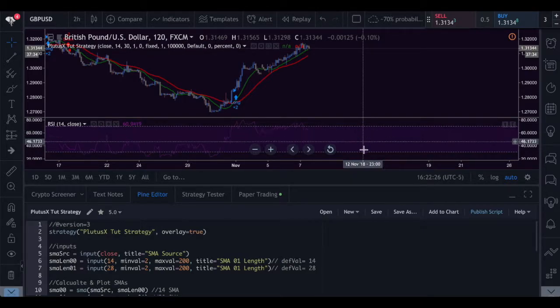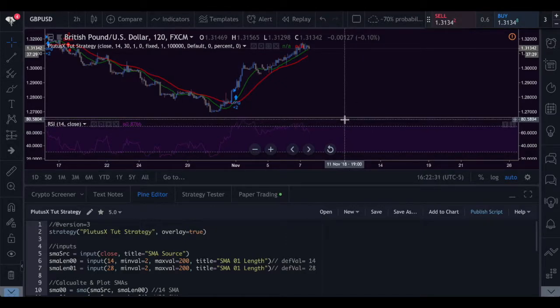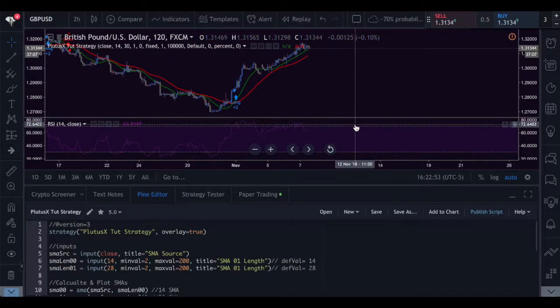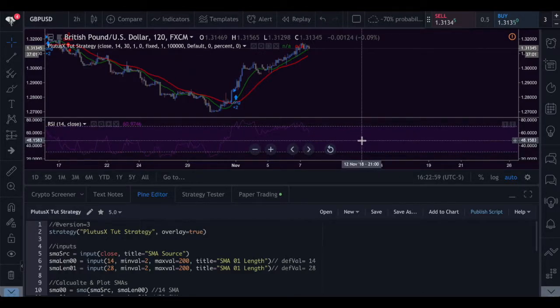Everything in here is considered to be neutral for the most part. Whenever you go beyond the thresholds, those indicate potential oversold zones, or if you're above it, overbought zones. And if price action goes over or below the threshold, that indicates a strong probability that it's going to go down if it's overbought or up if it's oversold.